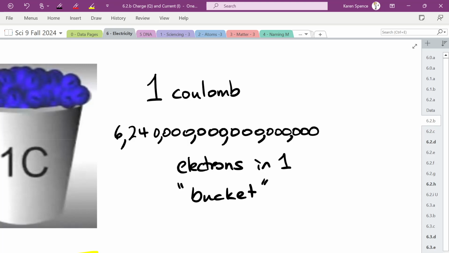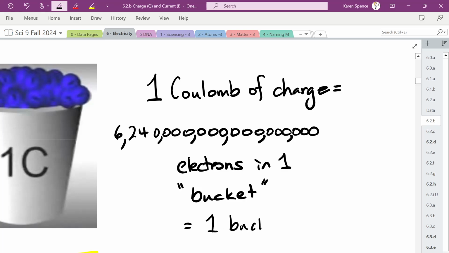So it's pronounced like the word comb, coulomb. I should probably capitalize it because it is named after a person. So 1 coulomb of charge is equal to that many electrons, which is 1 bucket of electrons.